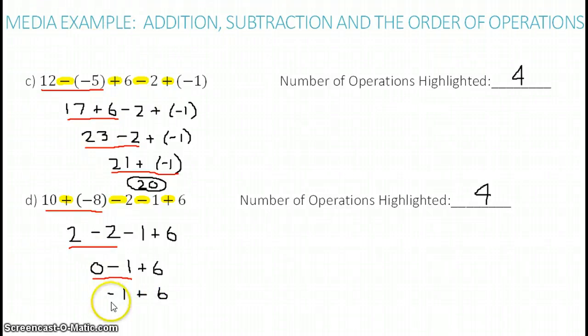And our last step, negative 1 plus 6 is positive 5. Circle our result. So just checking, we did 1, 2, 3, 4 steps, and our final simplified result is 5.